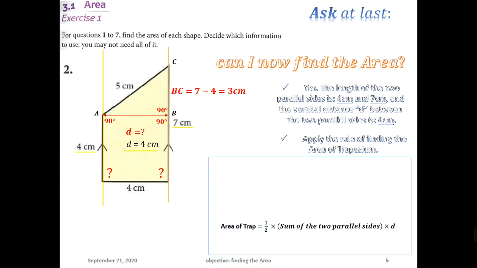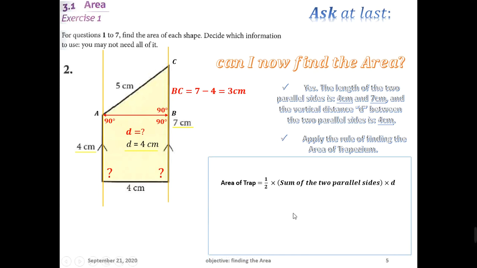So that's how we write it. We say area of a trapezium is equal to 1 over 2 times, in brackets, the sum or the addition of the two parallel sides times the distance or the vertical distance between the two parallel sides.